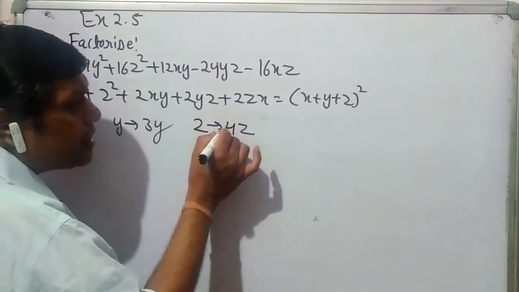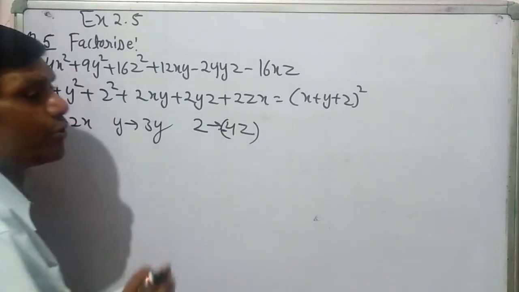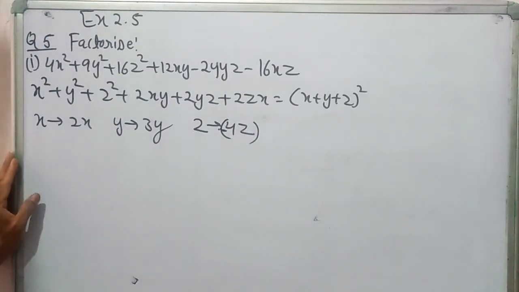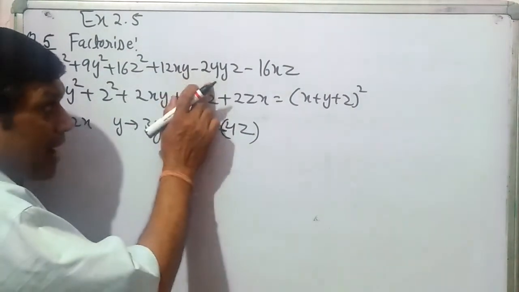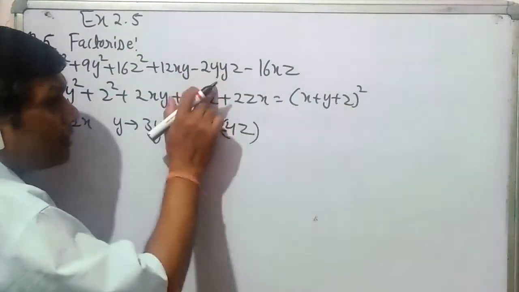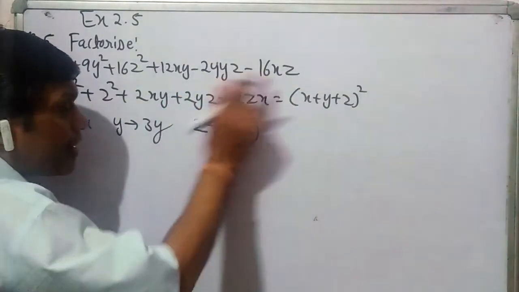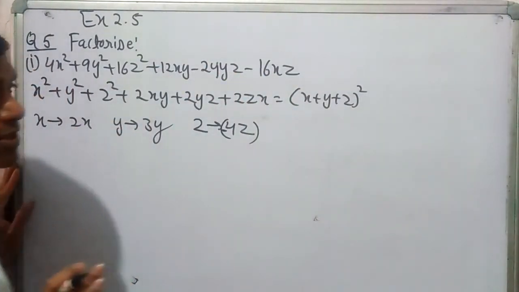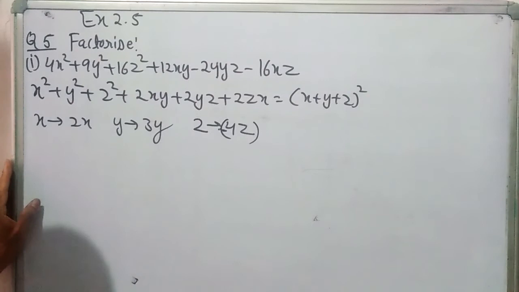So here instead of z, we are going to use negative 4z. The basic thing in factorizing this kind of identity is identifying the negative term, which we will identify by identifying the common variable in the two negative terms, right?